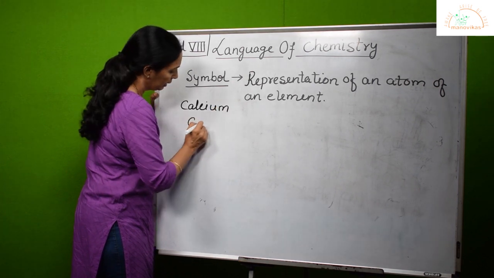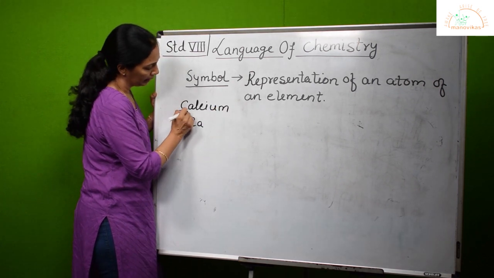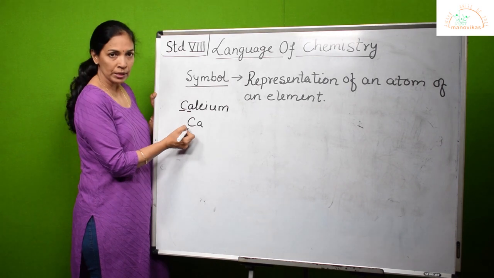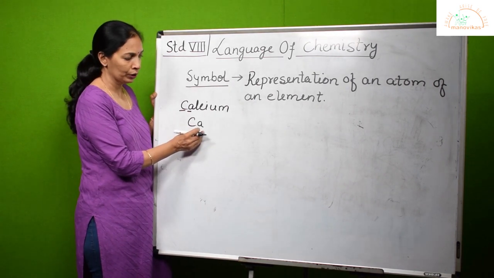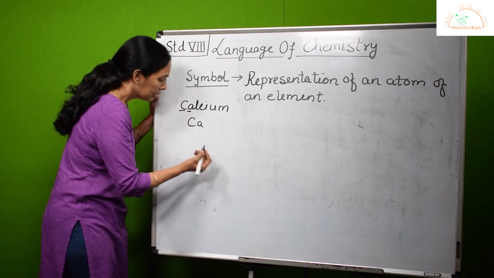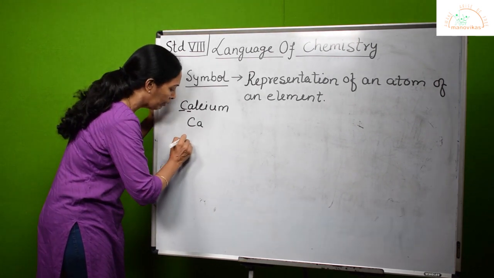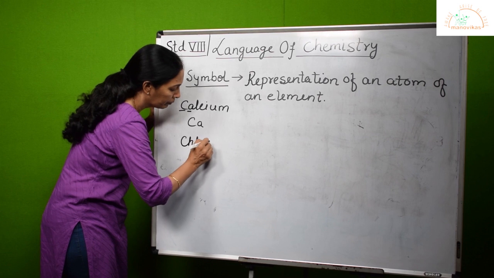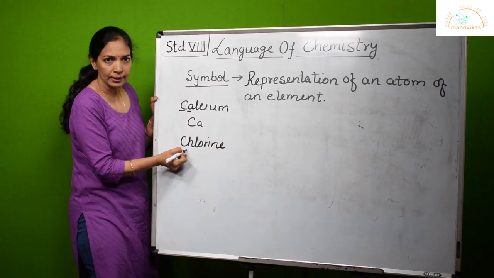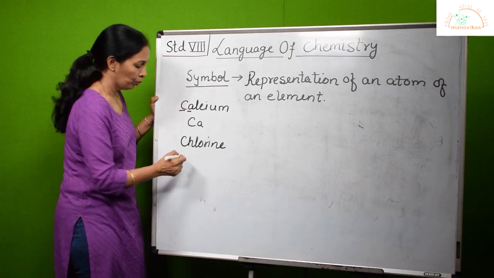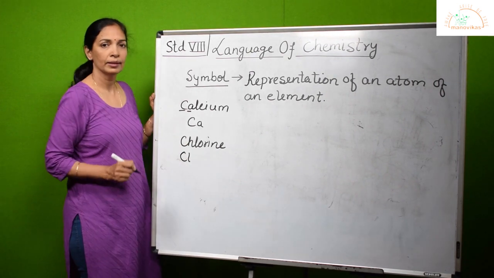So the first letter and the second one are taken. The first one is written in capital and the second one in small. Similarly, chlorine: H is the second letter but L sounds more, so Cl is given.